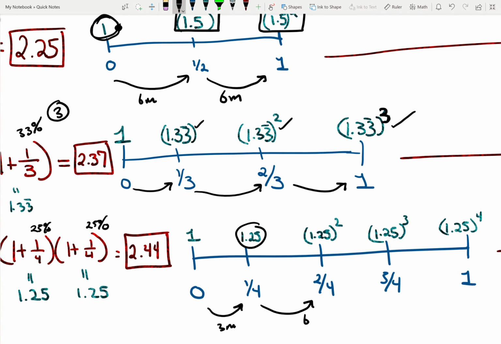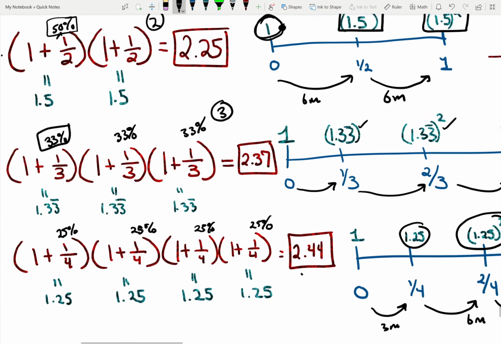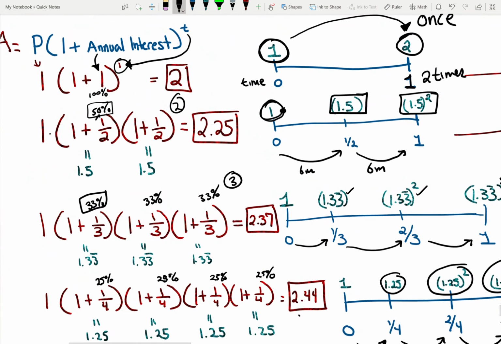After 6 months, I'll earn this much. After 9 months, I'll earn this much. And after the full year, 12 months, I'll earn this much, which is equal to 2.44. So I'll earn $2.44. So the pattern is the same. The more compoundings I have per year, the more money I'll get.